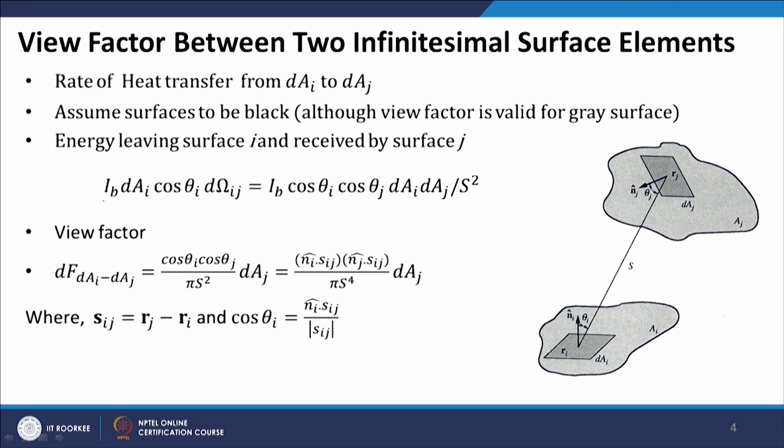View factors basically give you an idea of how much heat transfer is actually taking place between surface AI, the first surface, and surface AJ, the second surface. Although the definition of view factor is equally applicable when the surfaces are gray, that means their emittance and absorptance do not depend on wavelength, in this particular derivation we will assume that the surfaces are black, that means they emit radiation equal to black body radiation and absorb all the radiation falling onto them.